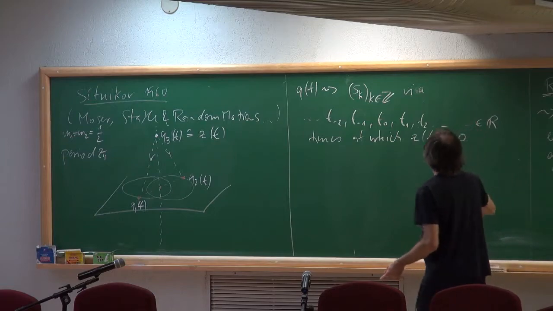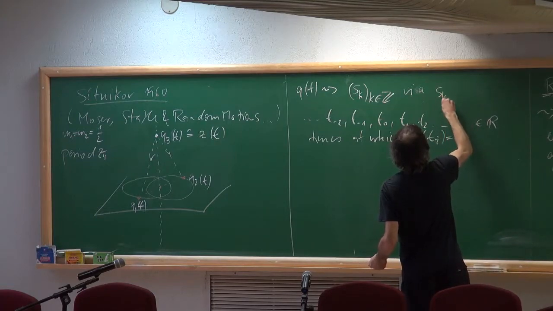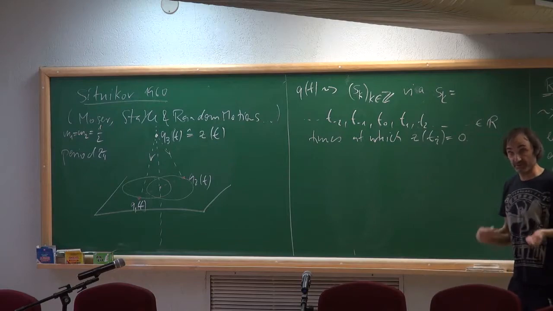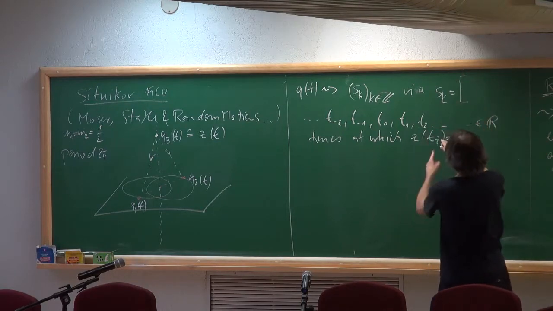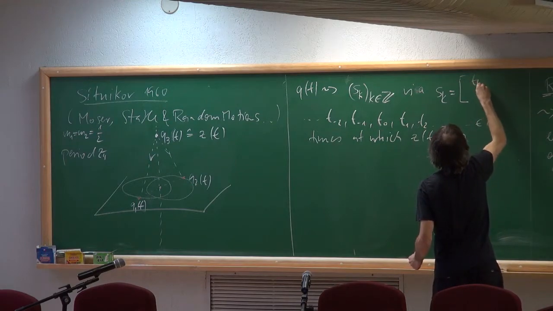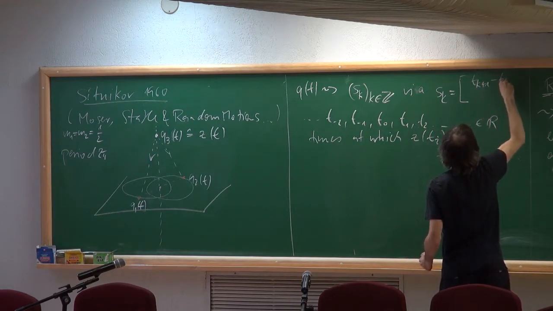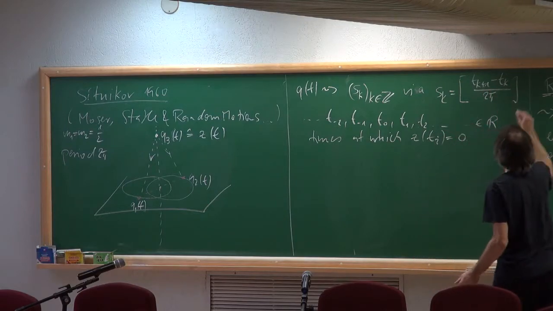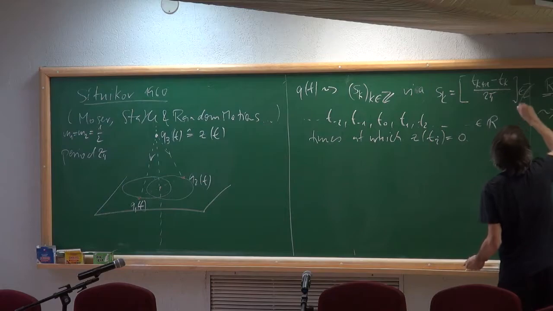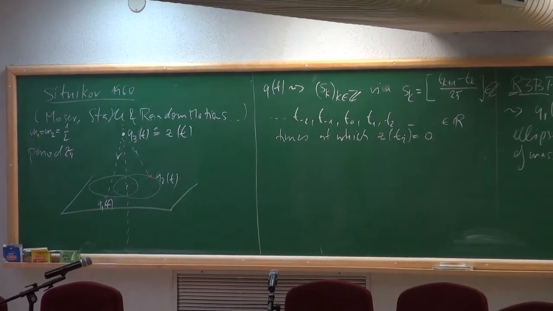And so that gives us a sequence of real numbers, and then for the s_k, we take the integer parts to get a sequence of integers. In fact, we take the difference between those, t_{k+1} minus t_k, divided by 2 pi.